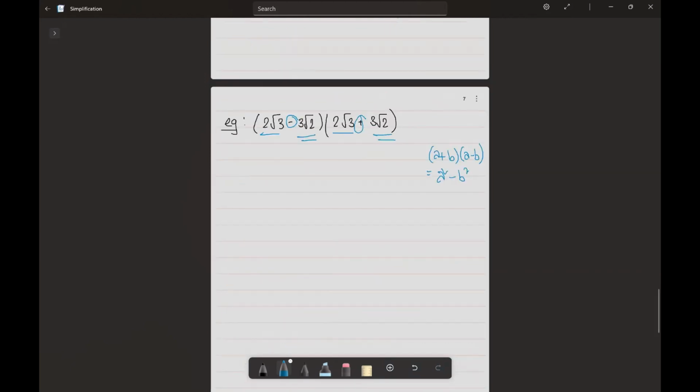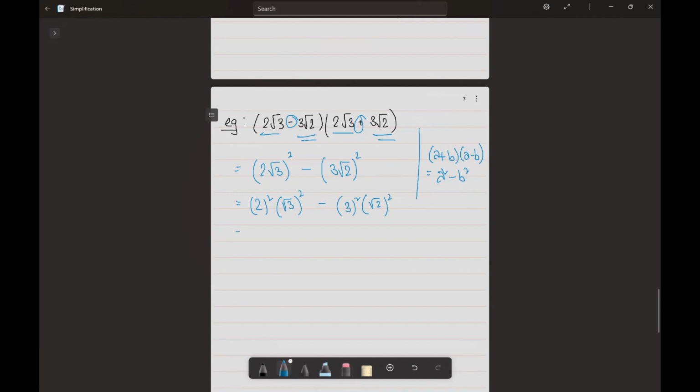So in this one, if we use the shortcut or the expansion technique, whichever method you prefer, you are going to get 2 root 3 square minus 3 root 2 square. Now, square over the bracket means that the square is over both 2 and root 3. So we have 2 square and root 3 square, and then minus, in the same fashion, we have 3 square and root 2 square.